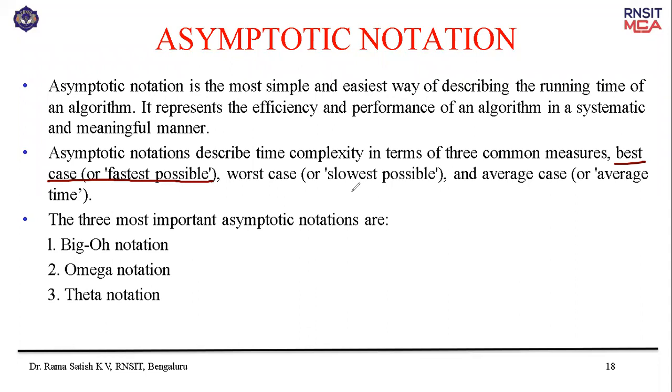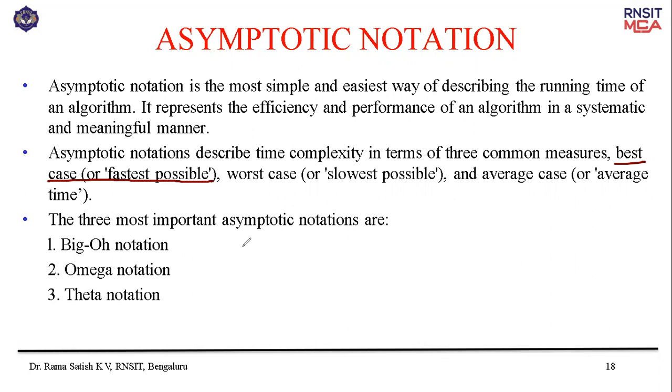Whenever you write an exam, you say, this is the best exam that I wrote. Next, you say the exam was average, that means not too good, not too bad. The third one is the worst case. You have never done an exam like this so far. That is the worst case. So the worst case is the slowest possible, the best case is the fastest possible, and the average case is the average time.